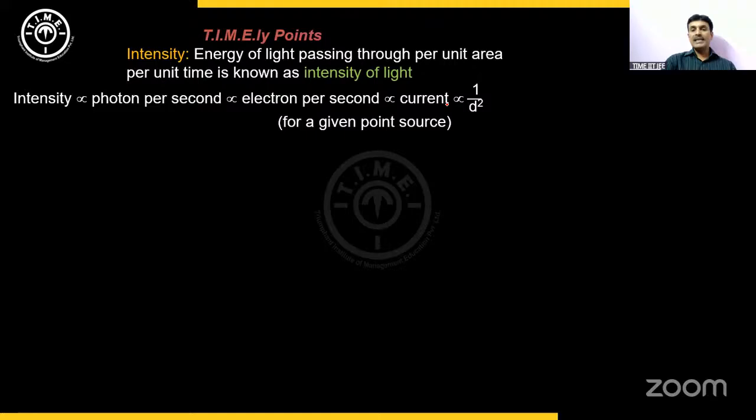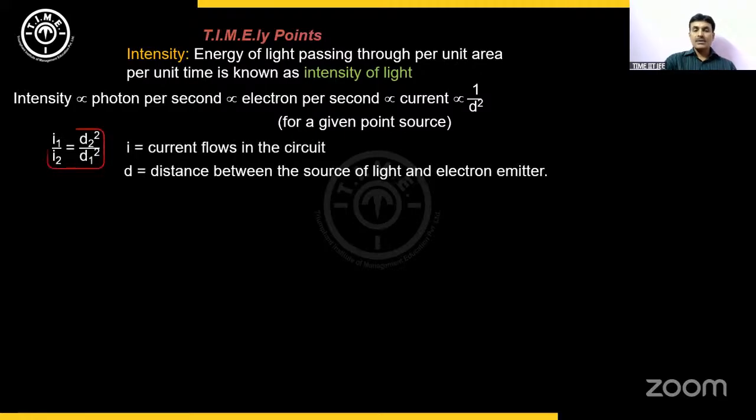So this current is inversely proportional to the square of the distance of the source from the metal plate. D is the distance between the source of radiation and the metal surface. So current and distance are related as I is inversely proportional to D square.